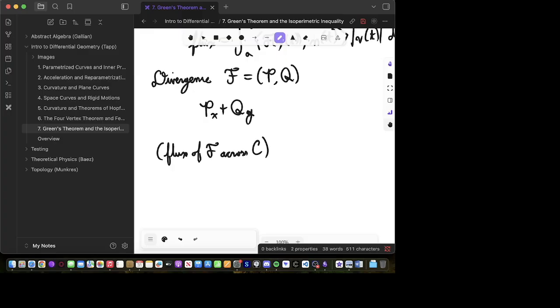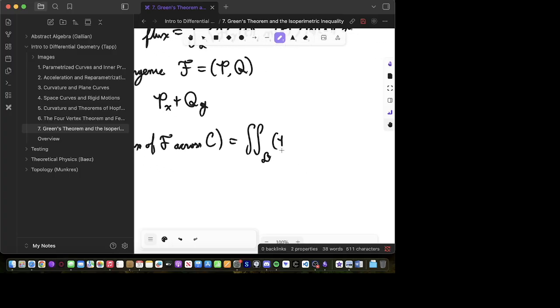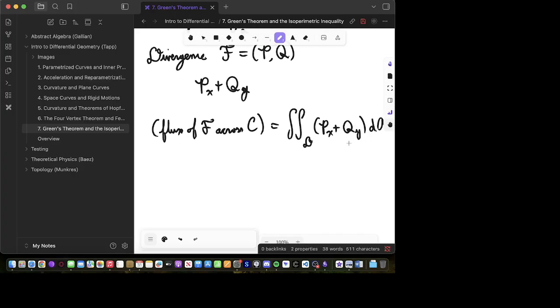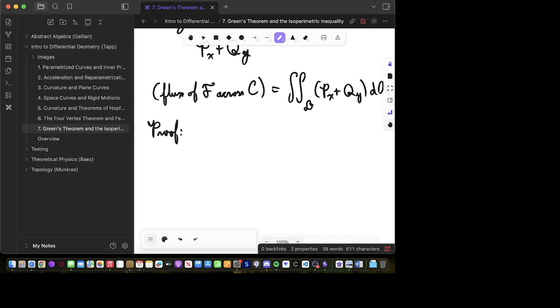So if we have a flux across a closed curve, then that equals the double integral over the interior of the curve of the divergence. So I'm going to go over the proof very quickly because I also have to get to the isoperimetric inequality, but I will go over the proof.